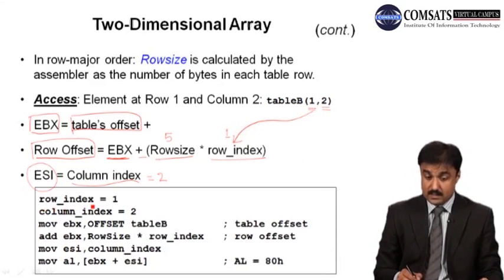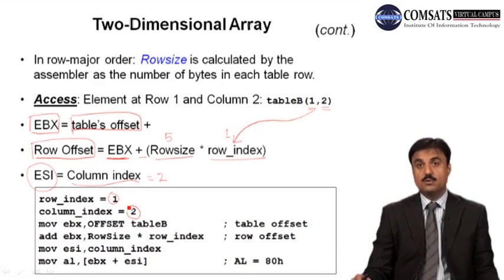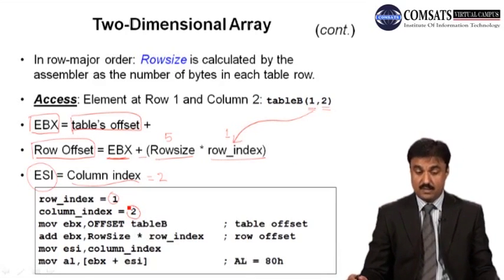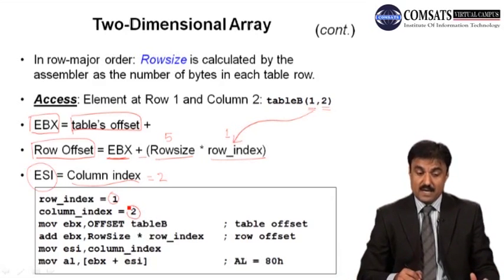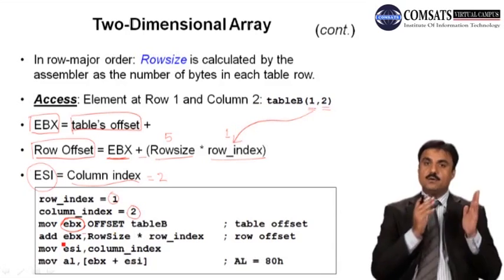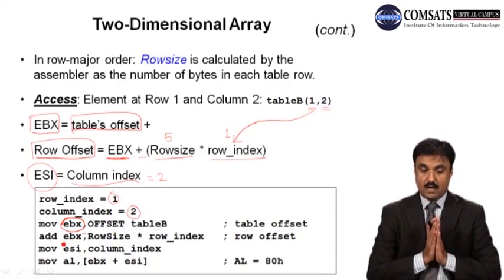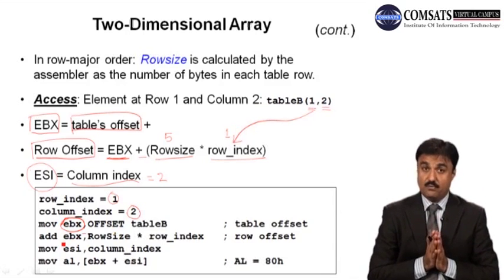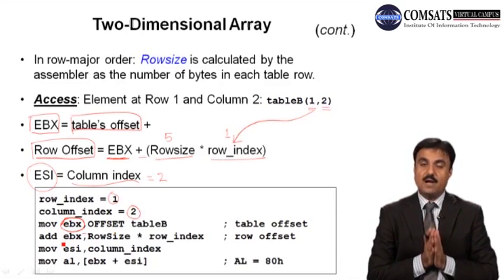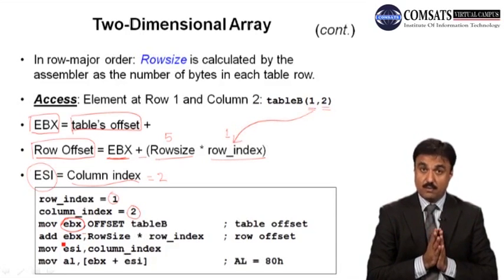Now here you can see row index is equal to 1, column index is equal to 2. These values are defined here. EBX has the starting value of the offset. Now we want to calculate the address from where we can access the element in row number 1.